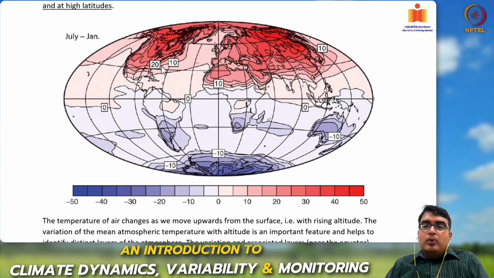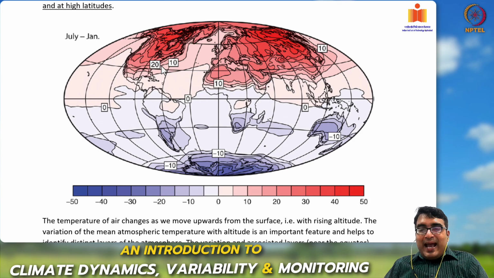But first, we also want to note that these temperatures are usually temperatures of the surface air, so the air mass just above the surface, the temperature of air at that location. However, atmosphere extends from the surface to very high altitudes in space.